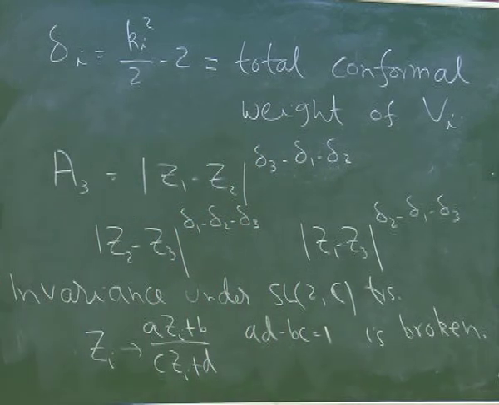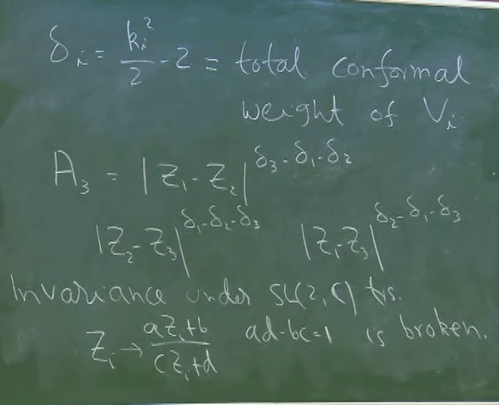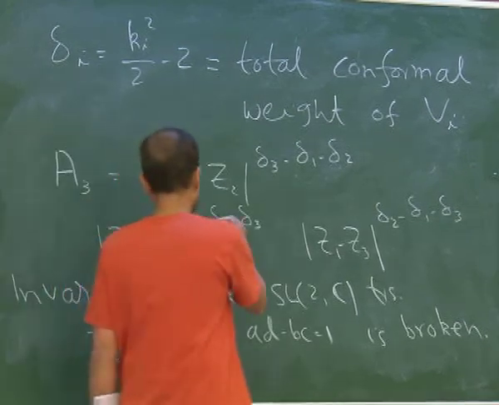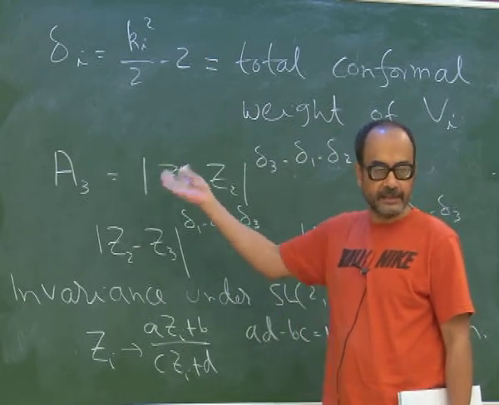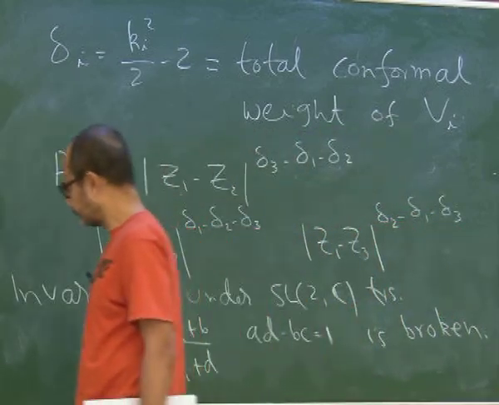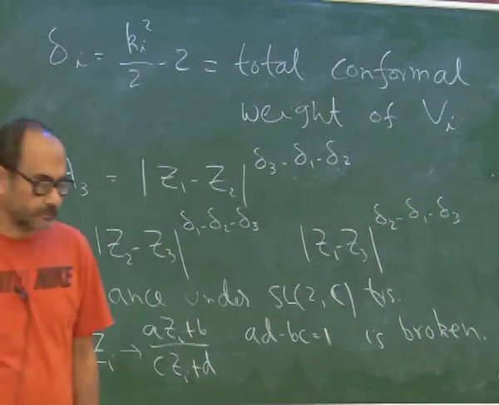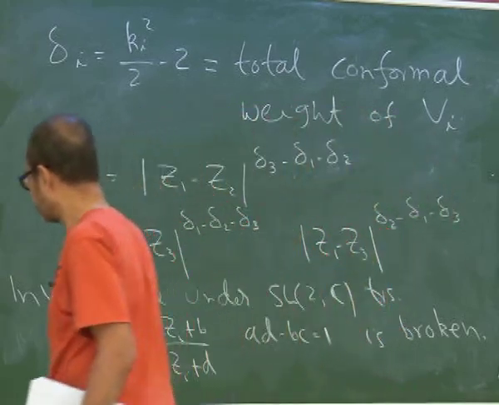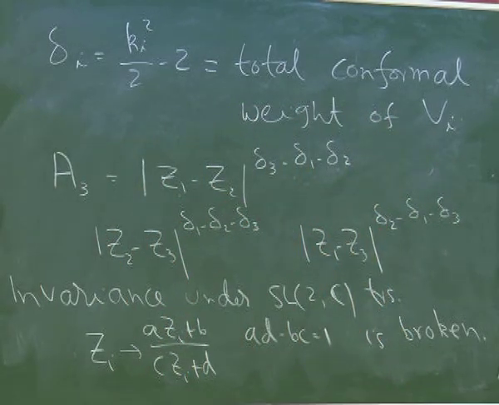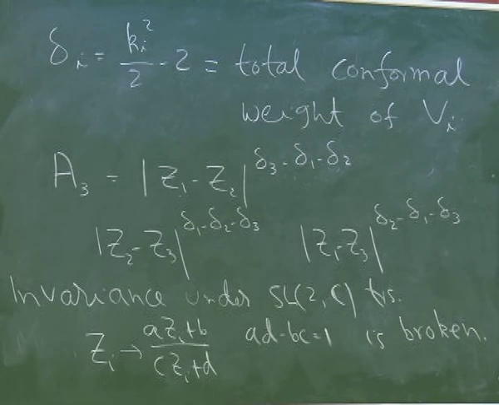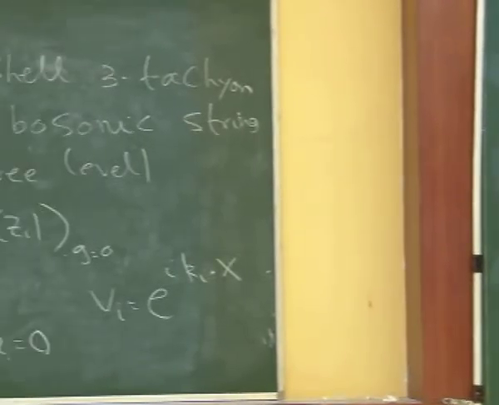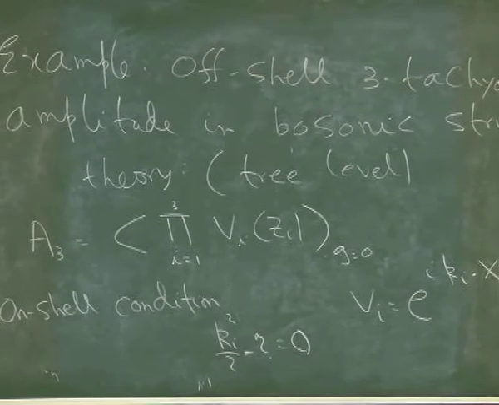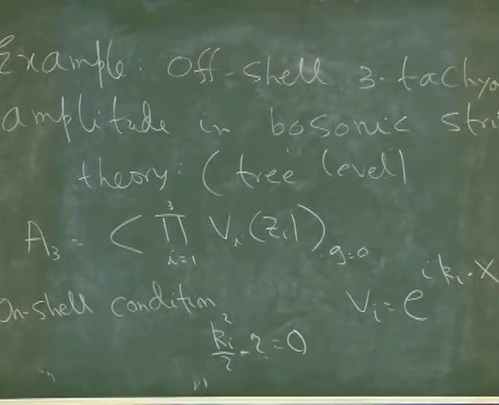Because this symmetry is broken off shell, the result starts depending on spurious data like z's, which have no business being there in a genuine string amplitude. So this looks problematic.